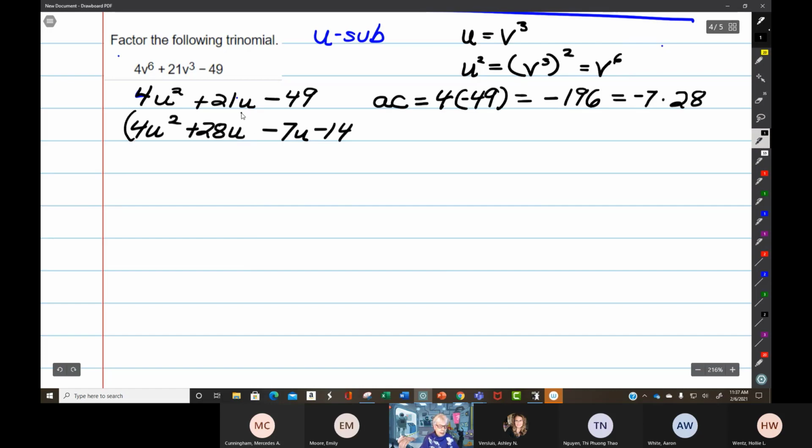I put parentheses around the first two terms, parentheses around the second two terms, and then a plus in the middle. Now I break down the first set of parentheses. This is 4 times u plus 4 times 7 times u.